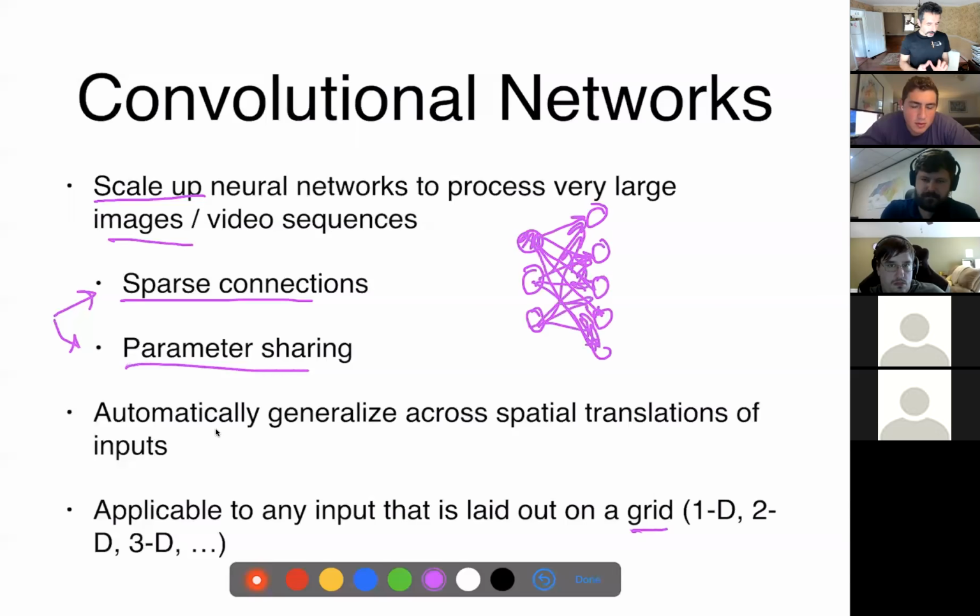But a sparse connection basically means that we want to change this to a sparser kind of structure that makes things a lot more efficient. So most units are not actually connected to many other units here.